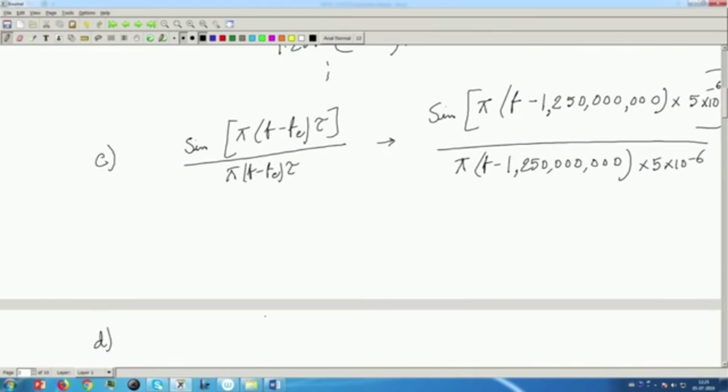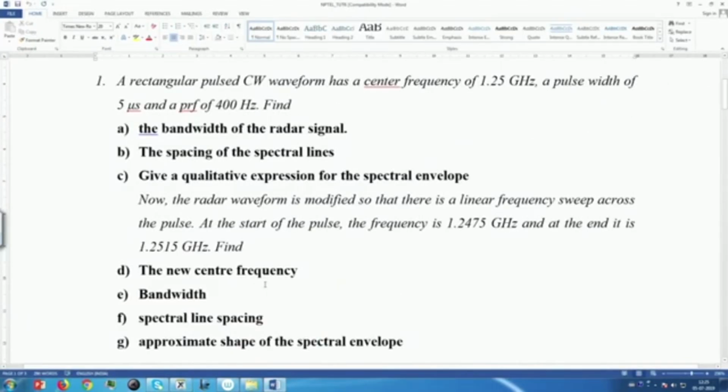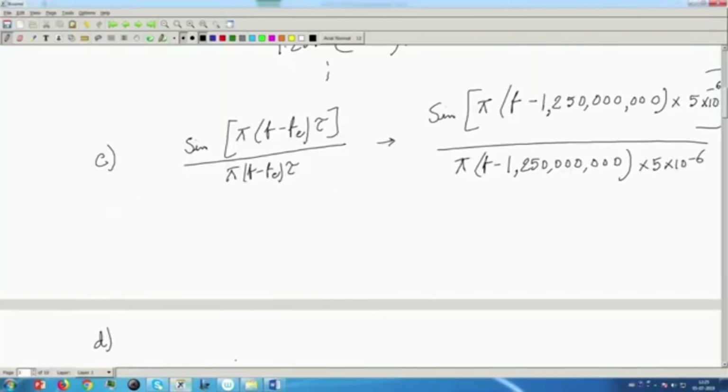Then let us come to part D. Now, the linear modulation is given. So, what is the new center frequency? Part D is the new center frequency. So, we can say f c is the average of f min and f max.